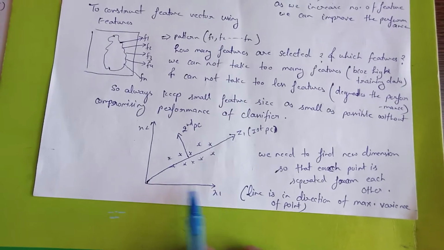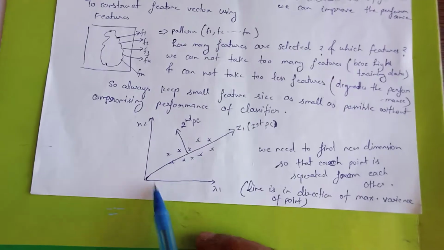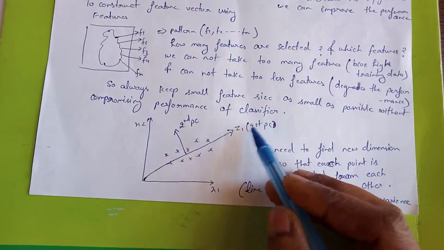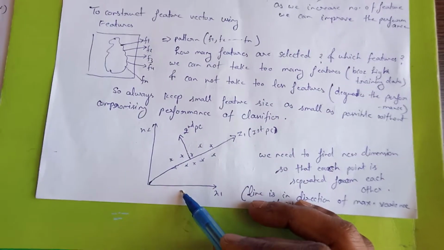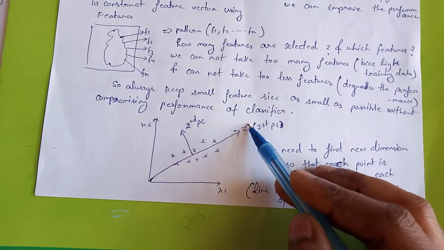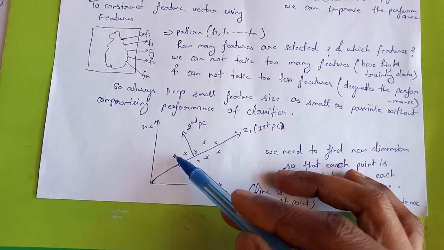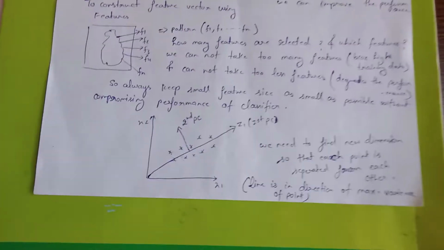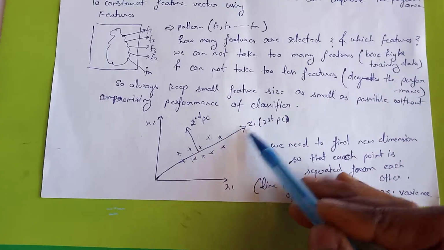PCA is not mapping all points onto the x direction or the y direction. It finds a dimension which is a combination of these two features, weight and height, so that if we take this dimension for the mapping of all these points, in this case there is no overlap.